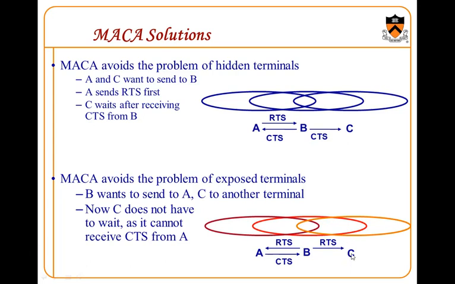So it's the responsibility of node C that it should wait for the next 5 minutes. Meanwhile, node A transfers the CTS, clear to send, to node B, and they start the communication process.